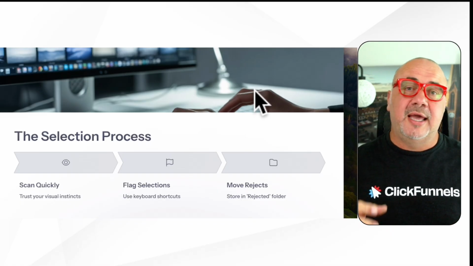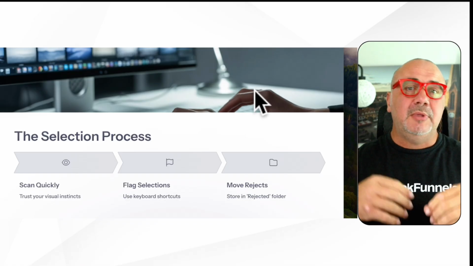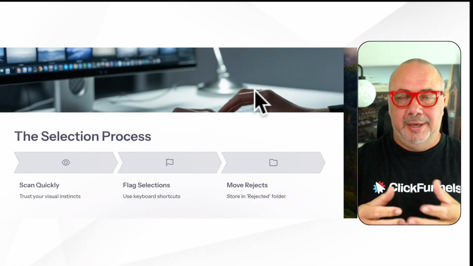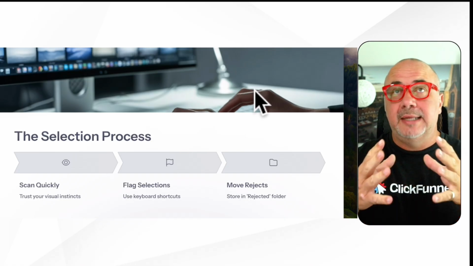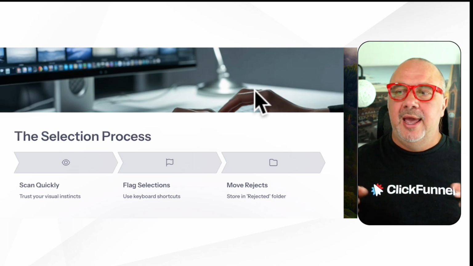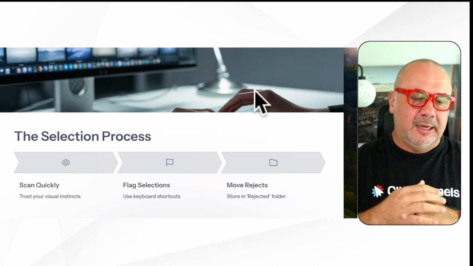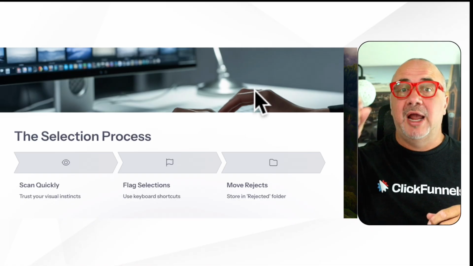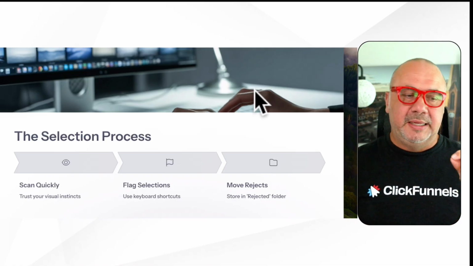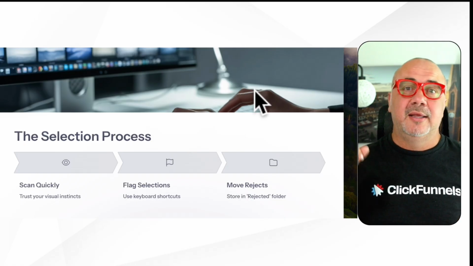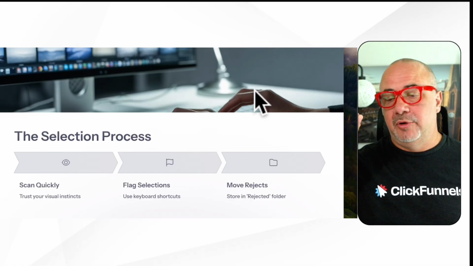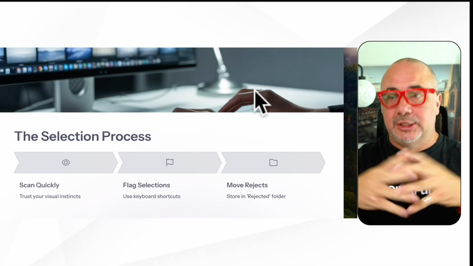When in the end I have all my selections in place, I can in Photo Mechanic filter my selections out, so Photo Mechanic now only shows the rejects. And within Photo Mechanic, I can literally drag my rejects into another folder. I'll talk about a reason in a second, but that's what we can do. And then after I move my rejects out, I can remove the filter and just show my selections only.